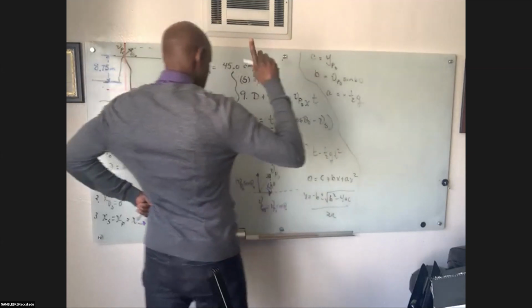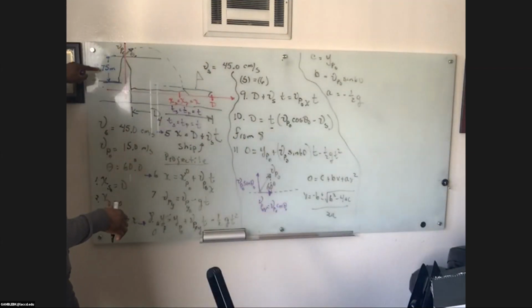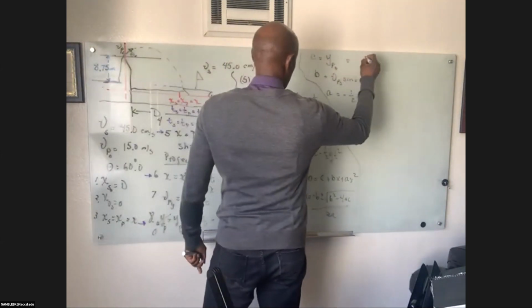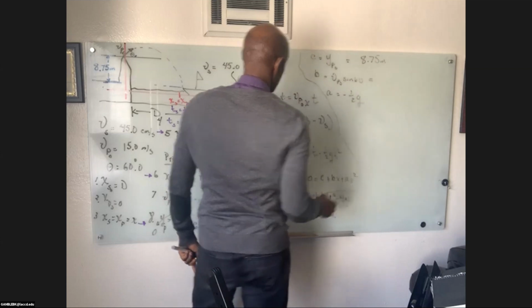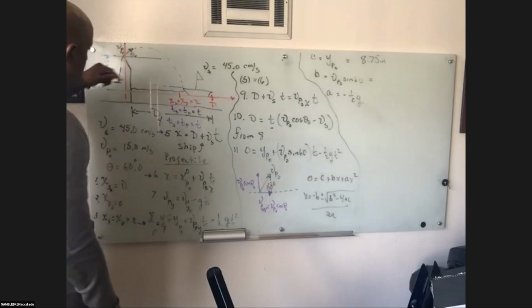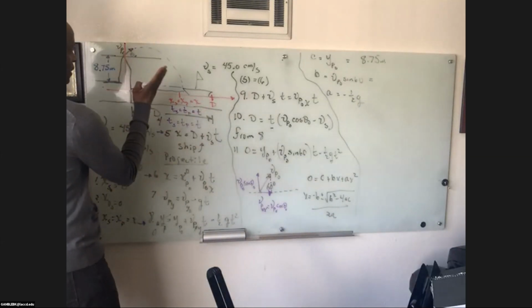So, and I think we got to be careful about the sign. In this case, that's a positive 8.75, the way I have it set up here. So that's going to be equal to 8.75 meters. We have to be careful about that velocity. You have to put in the right sign for it. And it's positive because the theta is up.